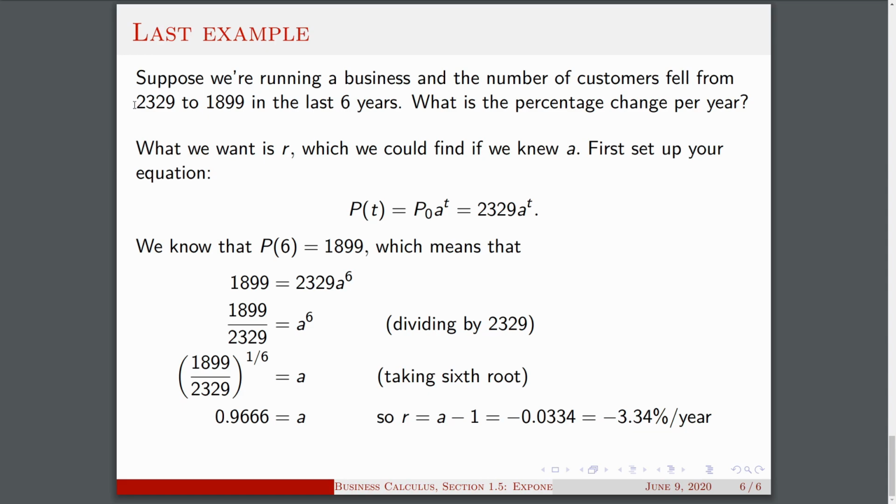So that would give you the percent that it changed from 2329 to 1899. Remember how that works? You take the difference in the y values and you divide by the initial y value. Then you might be tempted to just divide that by 6, since the percent change over 6 years seems like it should give you the percent per year.